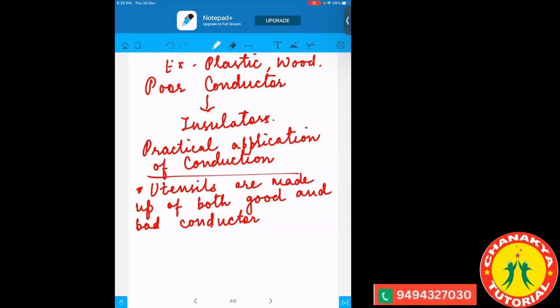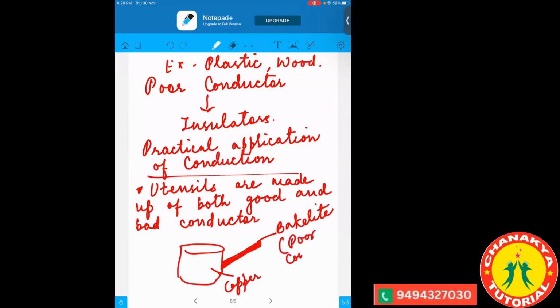And that is why you might have seen that if we have any vessel, for example, this vessel is made up of copper. Now, the handle of it will be made of a substance called bakelite. It's a form of plastic only, okay? This handle is made up of bakelite, which is basically a poor conductor. Now, imagine if this handle is not made of a poor conductor, then what happens?